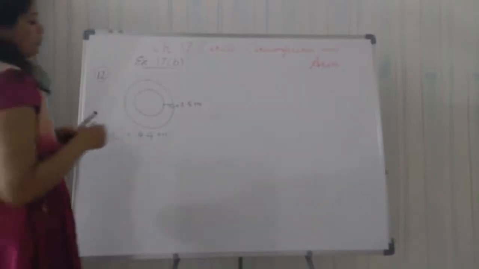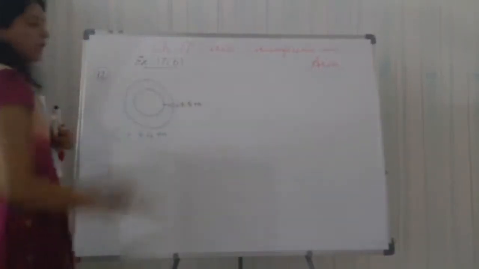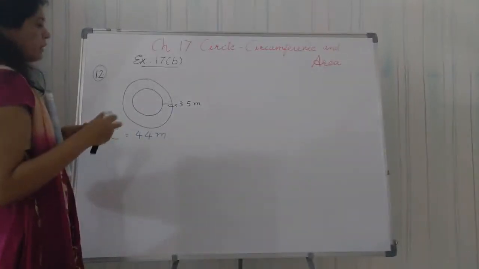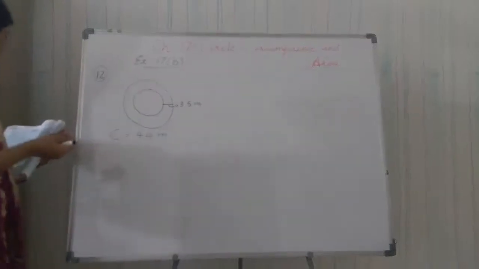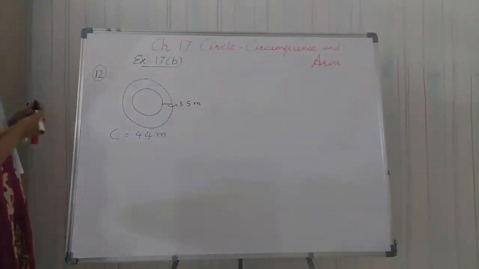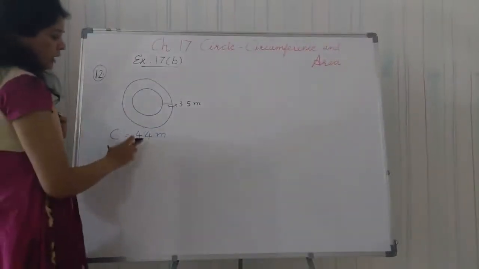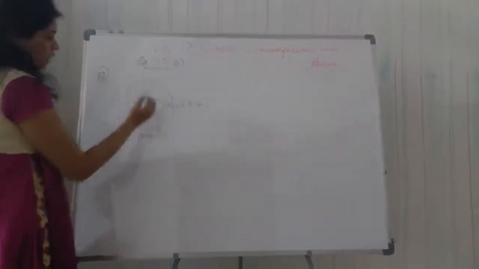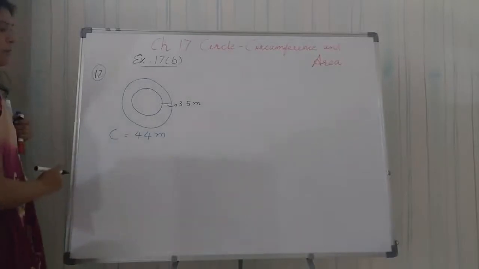So what we want to find? We want first of all the area of this circular path, and then we find its cost of paving the road. So now for that, students, we need the radius. We are not knowing any radius, only I know the circumference of the plot here.